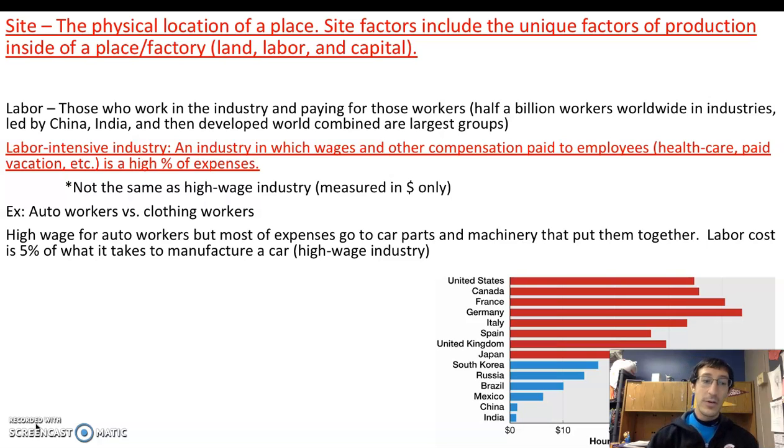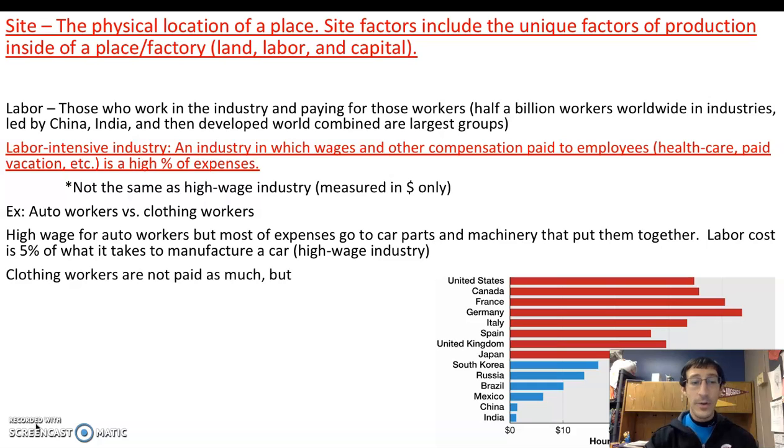The labor cost of putting a car together, including wages, benefits, and salaries for all the workers, is usually about 5%. 95% goes to the machinery and the actual pieces used to make the car. That makes up a lot more of it. However, auto workers get paid higher than clothing workers. So in this case, auto manufacturing is not labor intensive. It's capital intensive, but it's high wage.